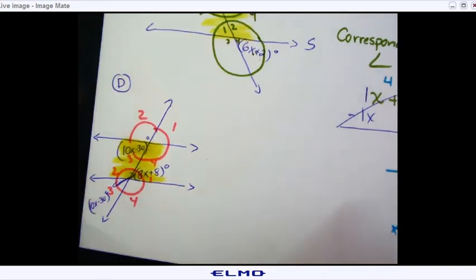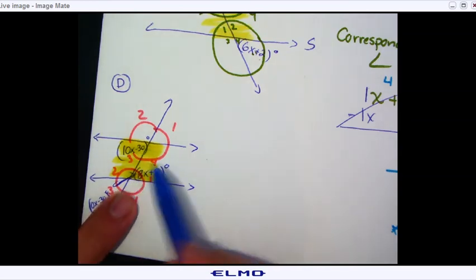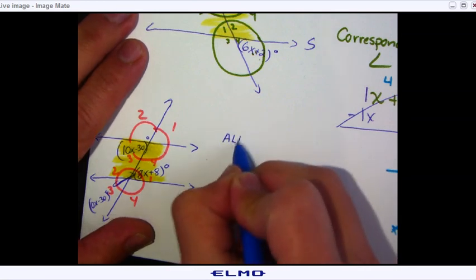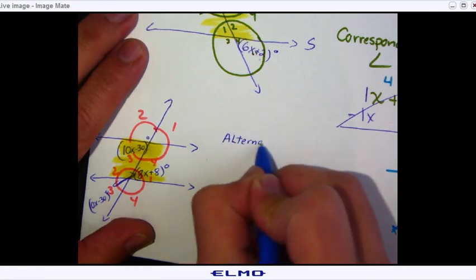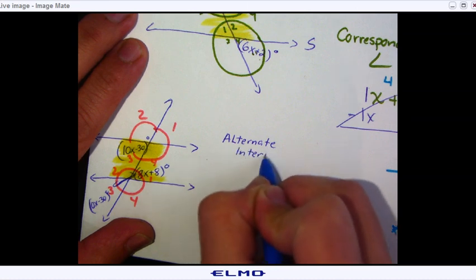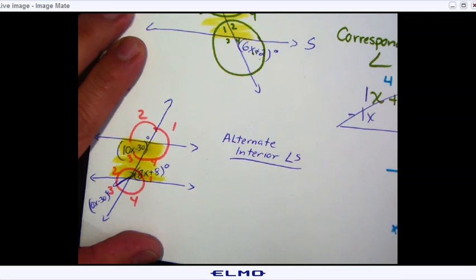So here, you could have done that. I mean, there's different ways to do it. So this one is alternate interior. So remember, alternate interior means that they're the same.